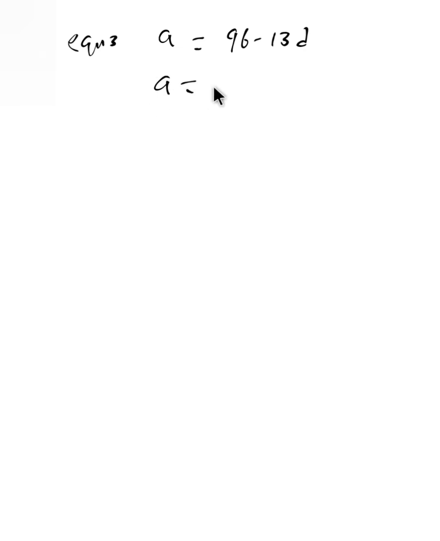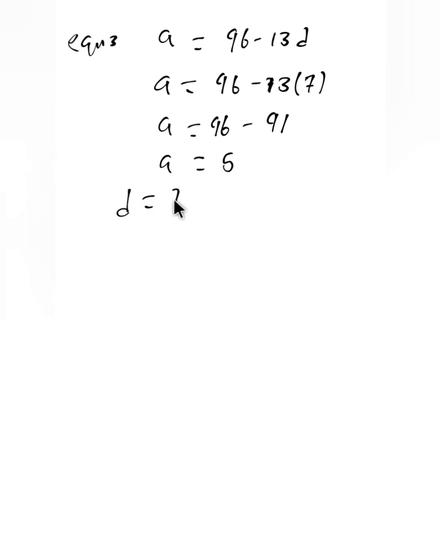Now, A is equal to 96 minus 13 times 7, because D is 7. So A is equal to 96 minus 13 times 7, which is 91, and A is equal to 5. Hence, the common difference is equal to 7, and the first term is equal to 5.